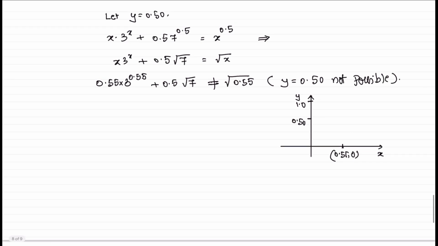The curve can be like this, because it cannot touch the y axis, because at x is equal to 0 there is no solution. When x is equal to 0 there is no solution.